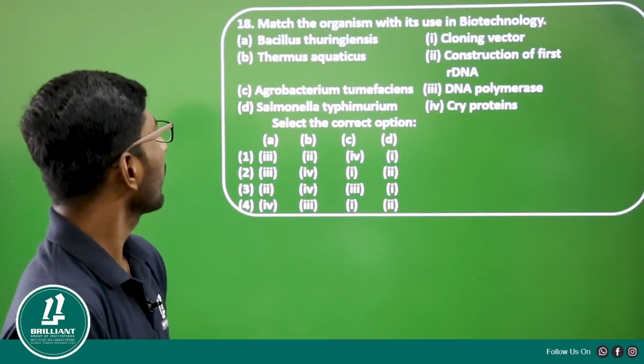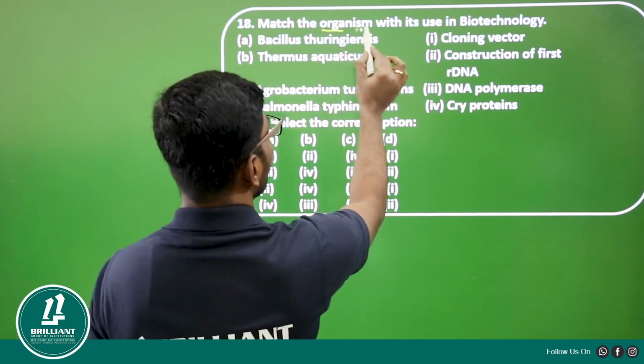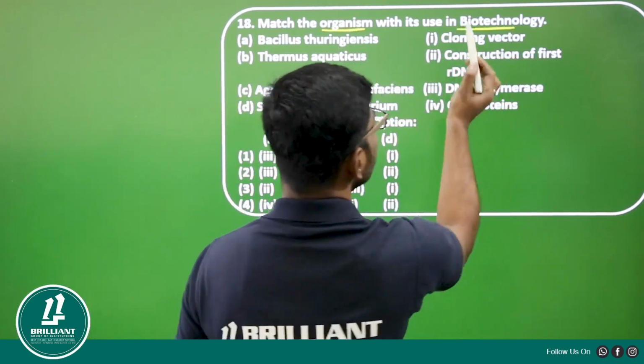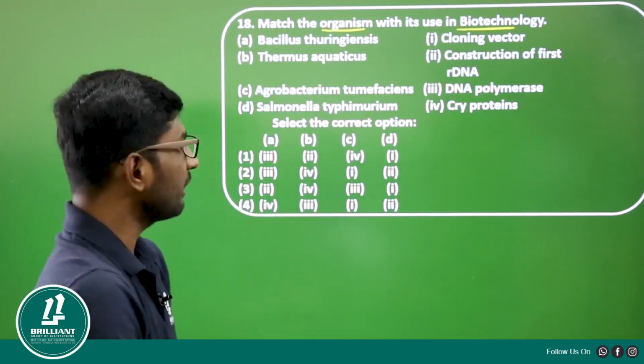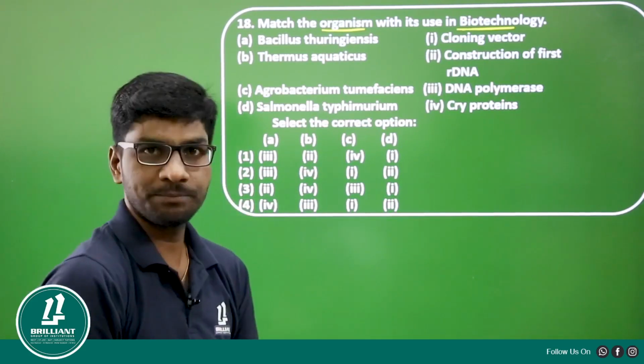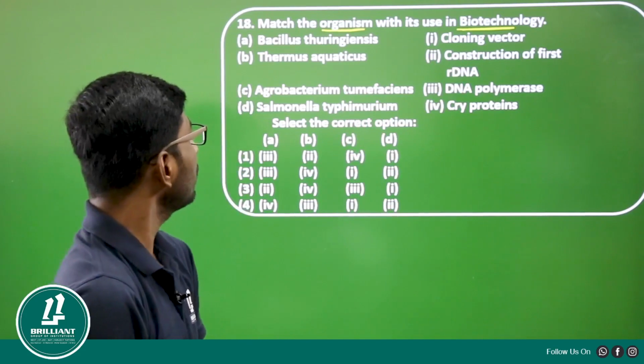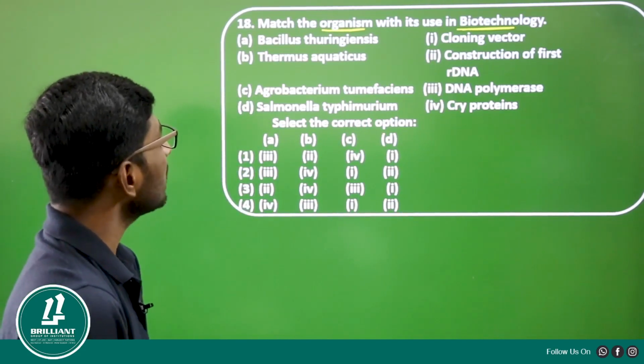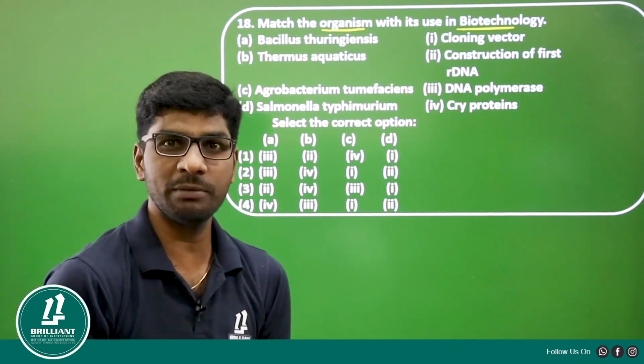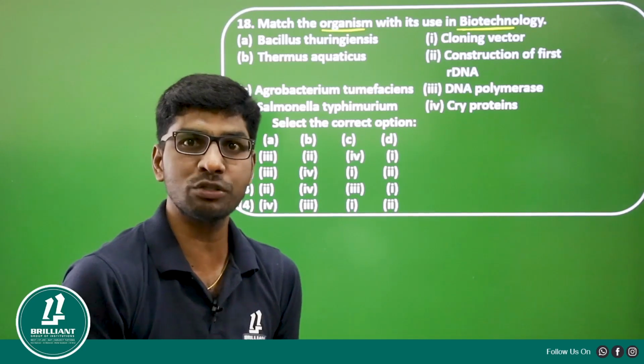18th question. Match the organism with its use in biotechnology. So they're given different types of organisms in column 1 and they're asking its use in biotechnology, right? First, bacteria. Bacillus thuringiensis. How many of you remember Bt bacteria live in soil?